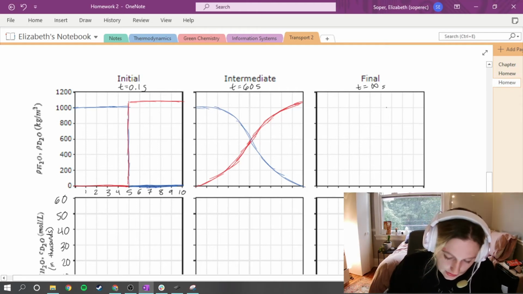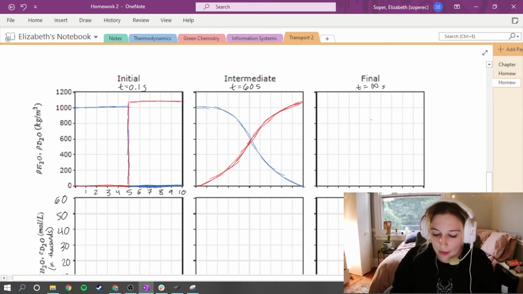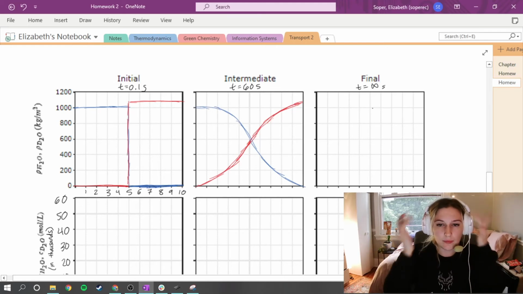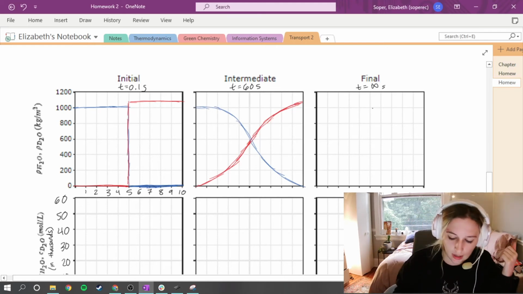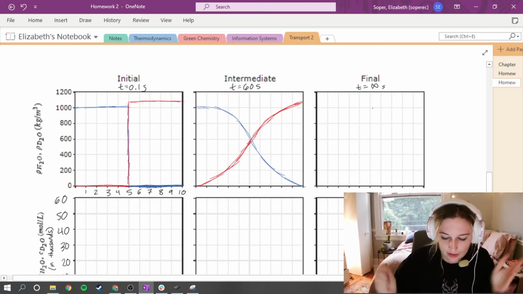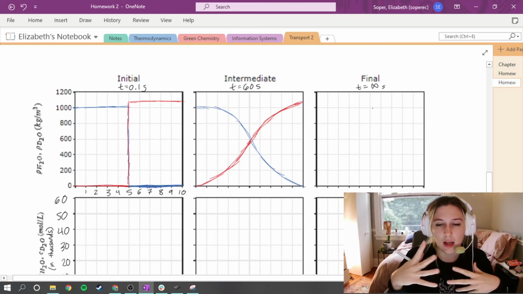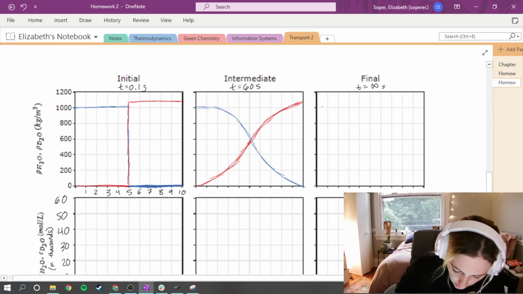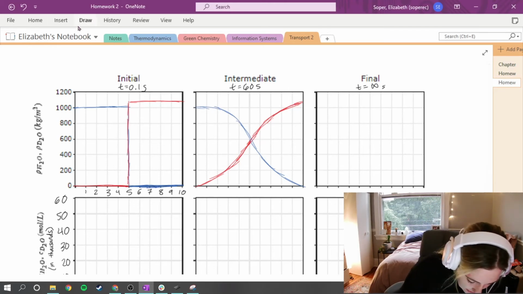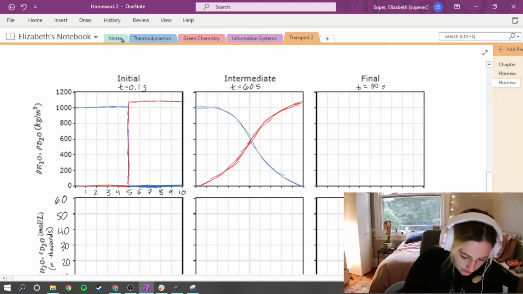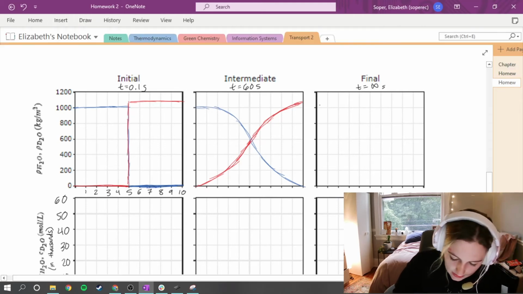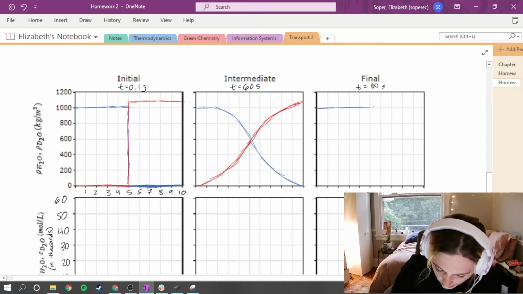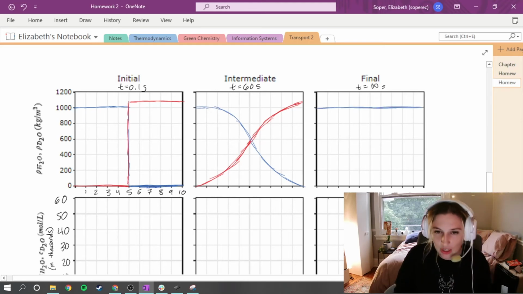Then at t equals infinity, it's going to be completely dispersed and diffused, at an equilibrium, all well mixed together. That means the density of the water is going to be even across every position.